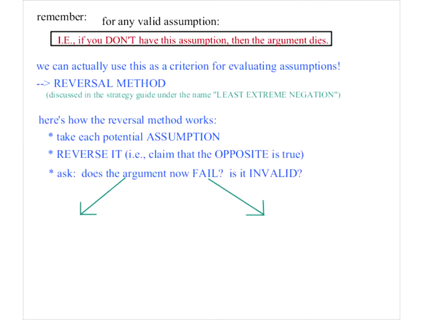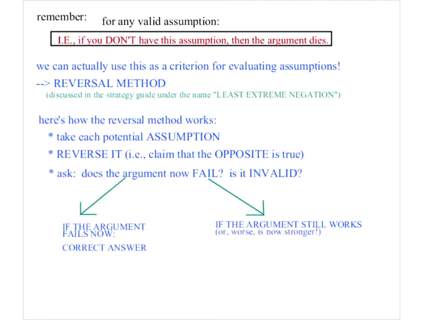So if the argument now fails, then you got the correct answer. If the argument still works, or, even worse, is stronger now, then you have the wrong answer.